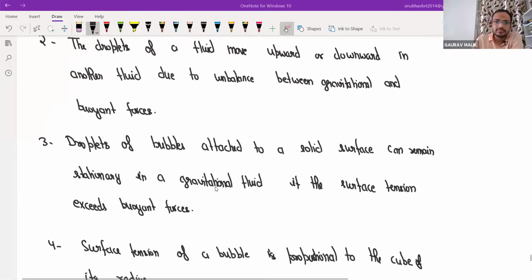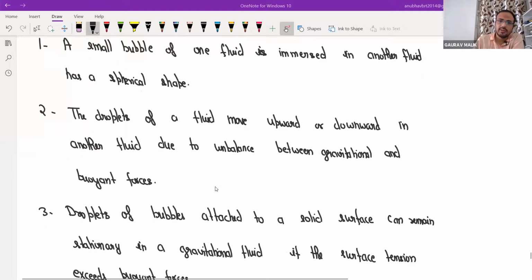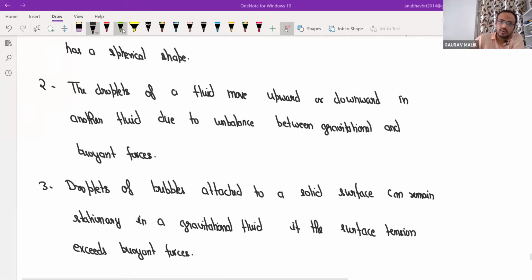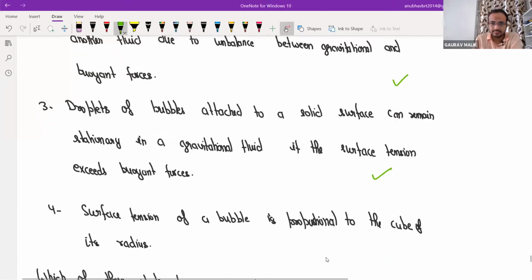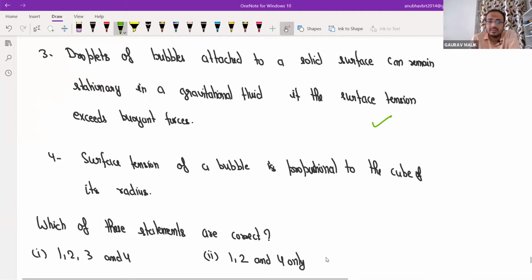Actually, according to me, the answer of this question should be 1, 2, and 3, because the first statement is correct, the second statement is correct, and the third statement is correct. But the fourth I am not going to digest, yet they gave the answer as the first one. Is it clear? So we will think about the fourth statement after some time. That's why I also discuss all the confusing questions with you.